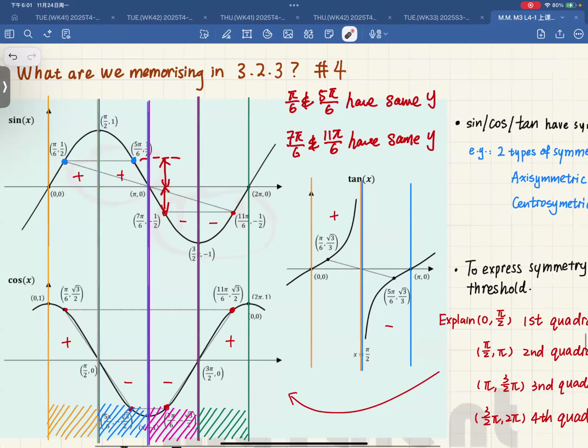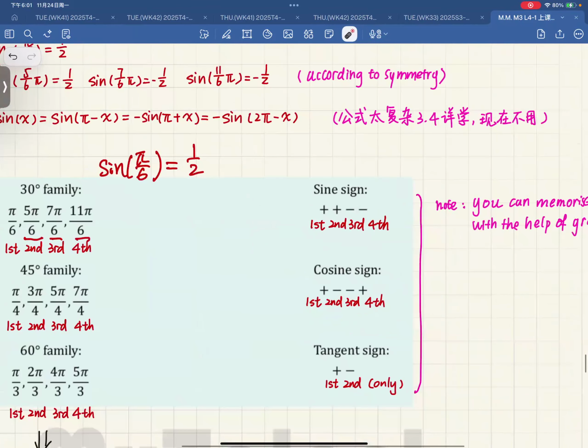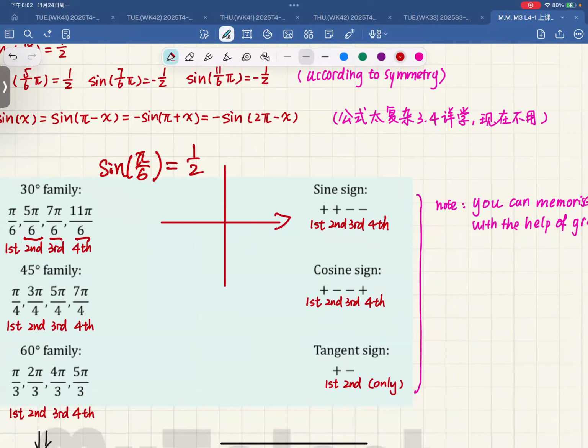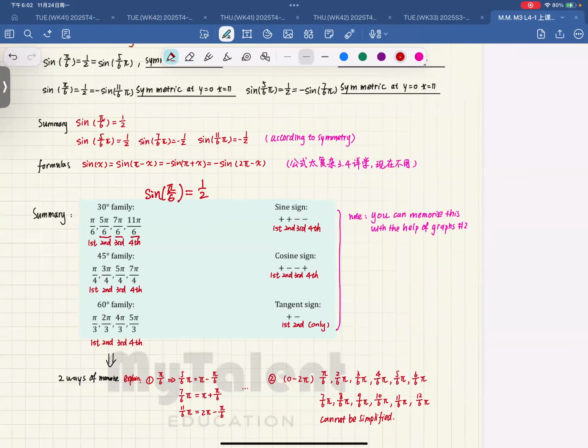That's why we have positive, positive, negative, negative for sine. Basically, if I draw the graph, sorry, I'll draw it here.